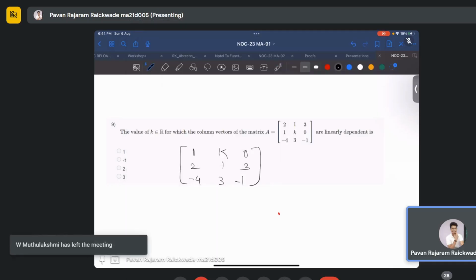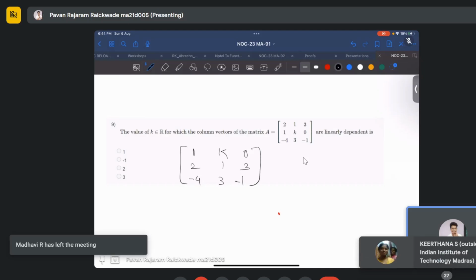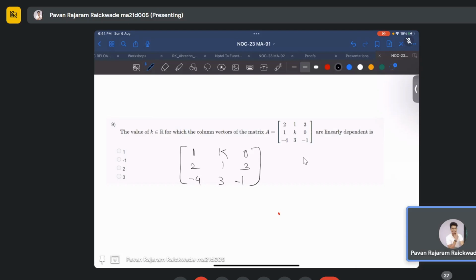Can everyone see my screen? Yes, sir. So it's frozen, right? Just 1 minute. Just give me a minute. Meanwhile, you can calculate the rank of this matrix. Anyone can just let me know the answer.